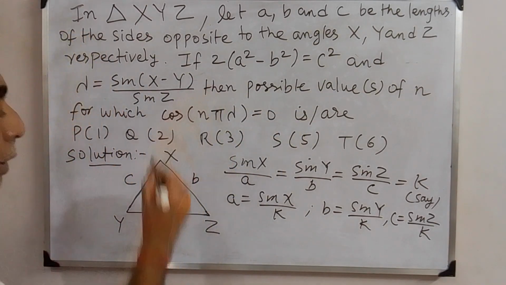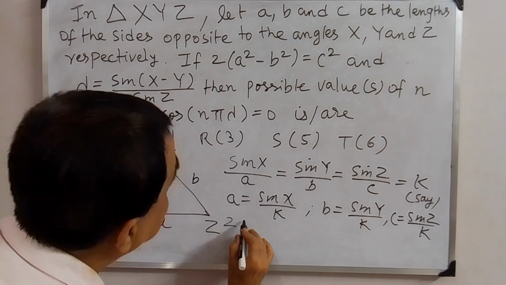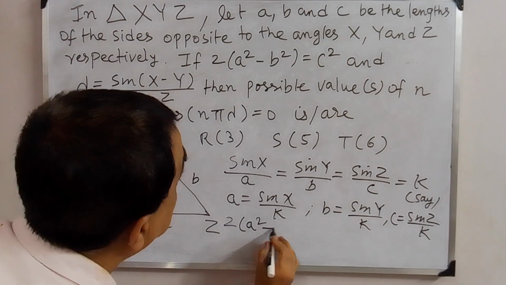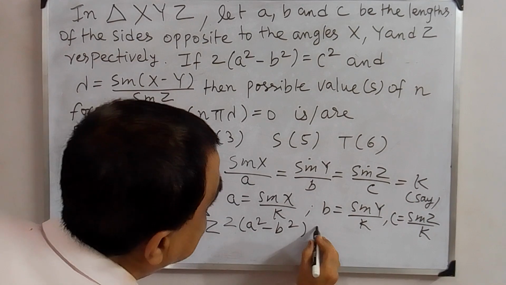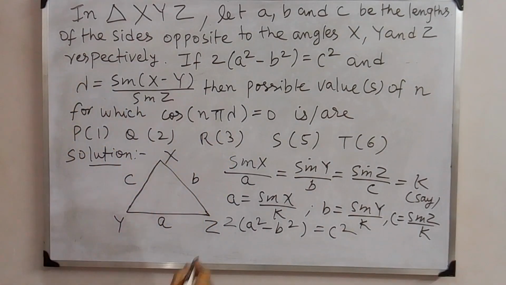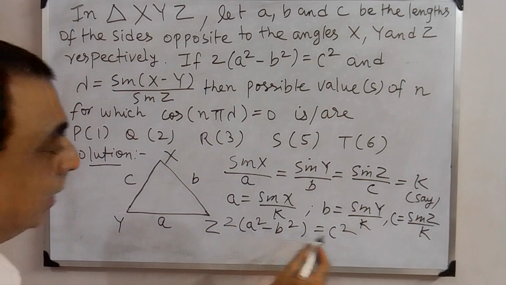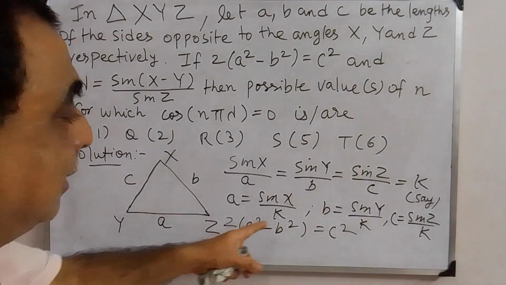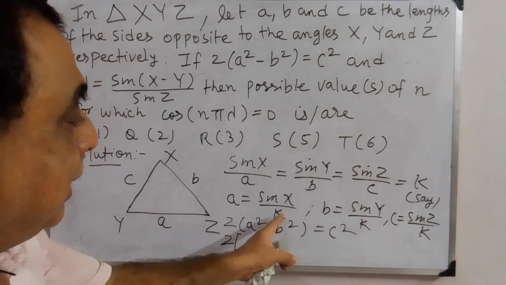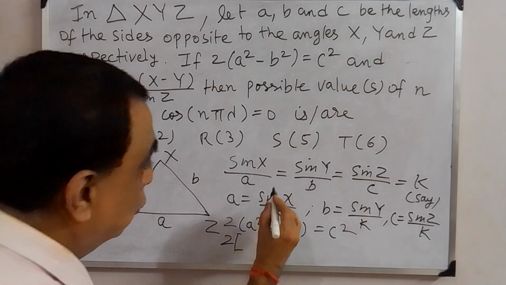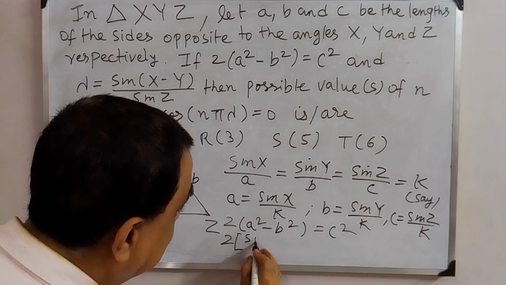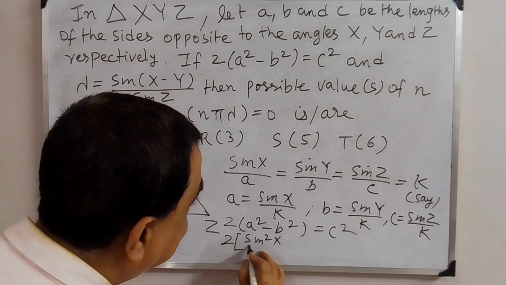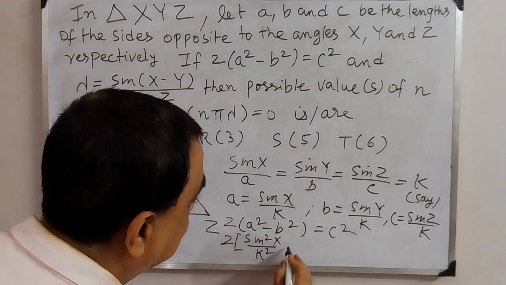Now see here, the given relation is 2(a squared minus b squared) is equal to c squared. Now substitute the values of a, b and c. So what do we get? a is sine X by k, so squared, it will be sine squared X by k squared.